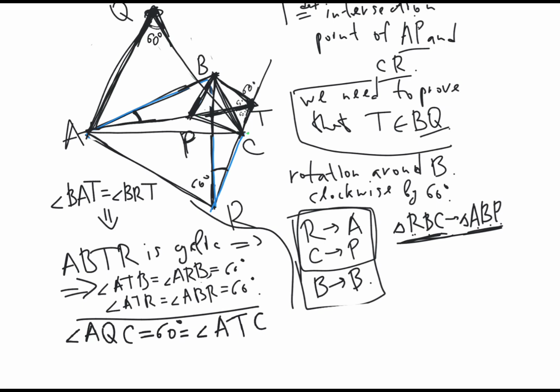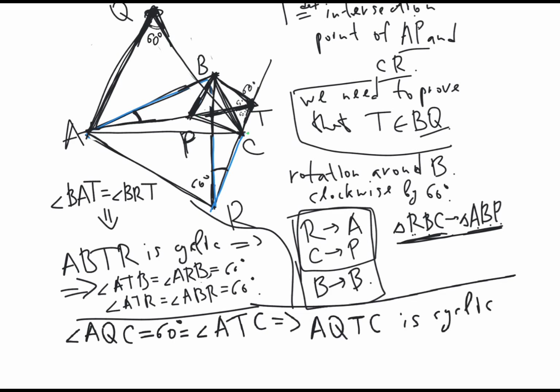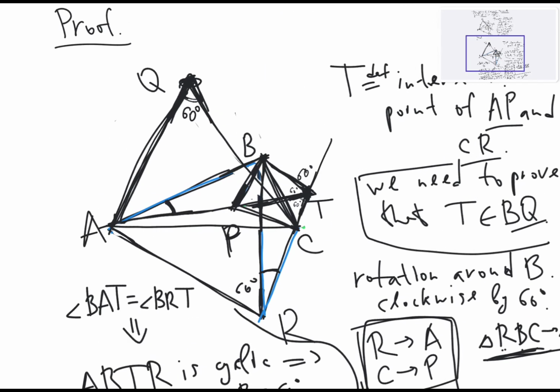Right? So this immediately implies that the quadrilateral AQTC is cyclic, because in this quadrilateral these two angles are subtending the same side, basically.